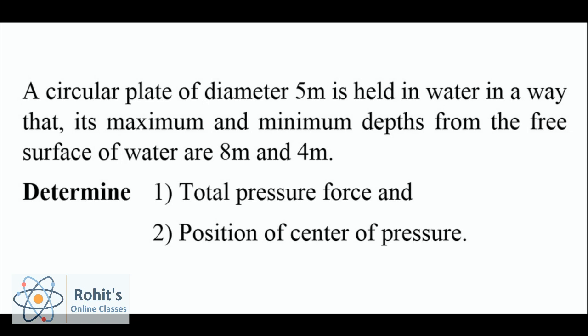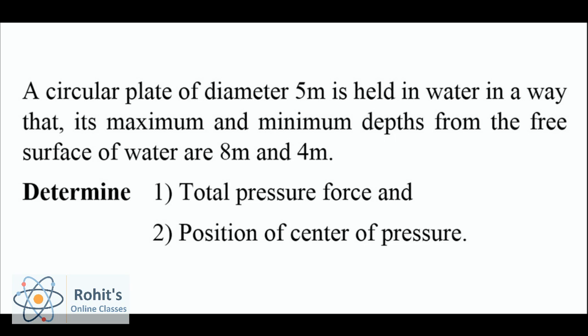So what is given in the problem is a circular plate of diameter 5 meters. It is given that the circular plate of 5 meter diameter is held in water such that its maximum and minimum depths are given.